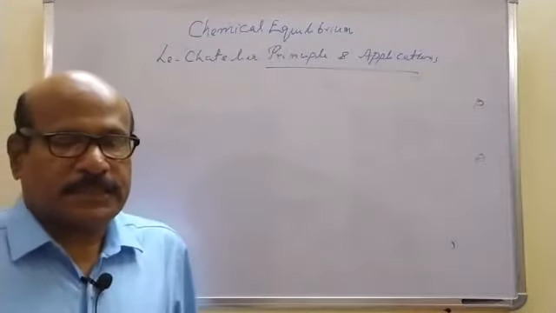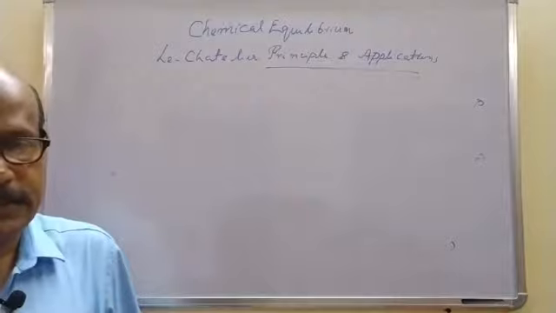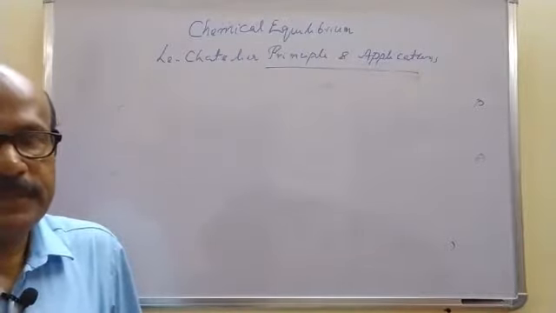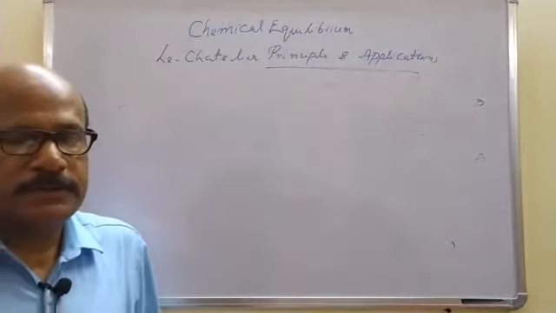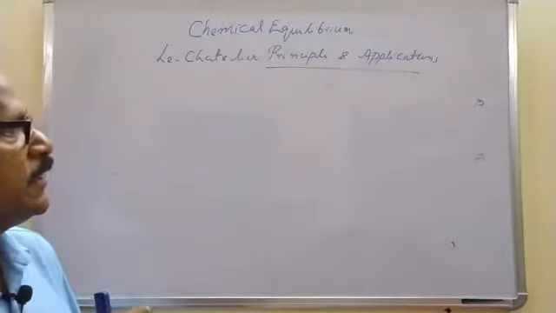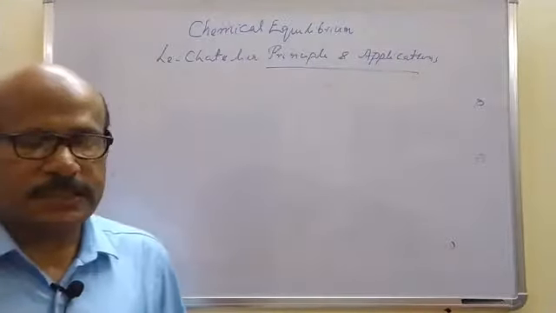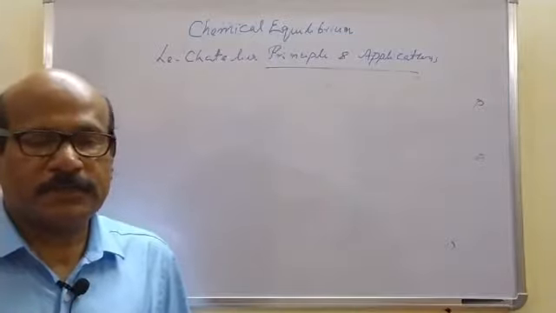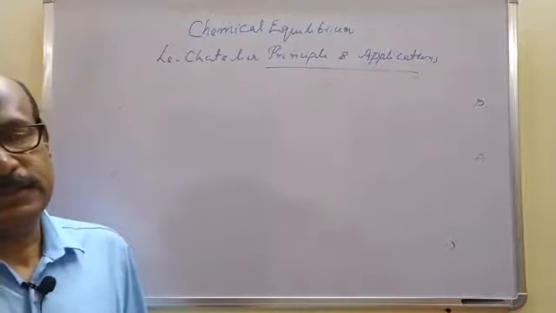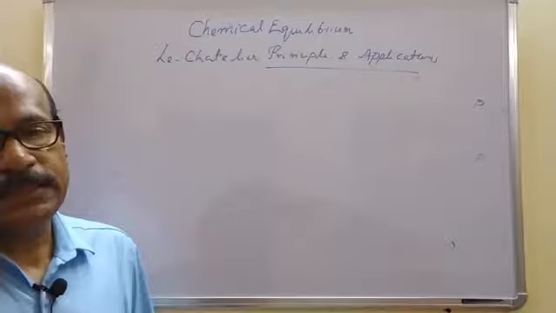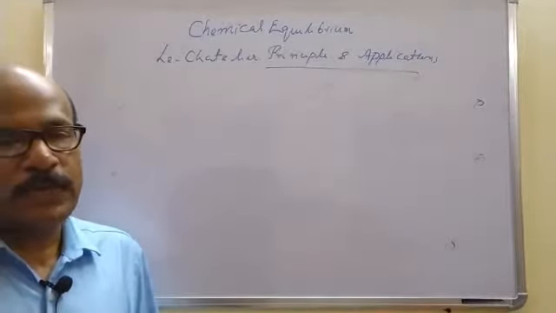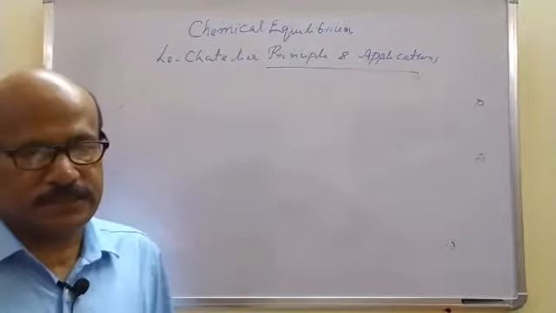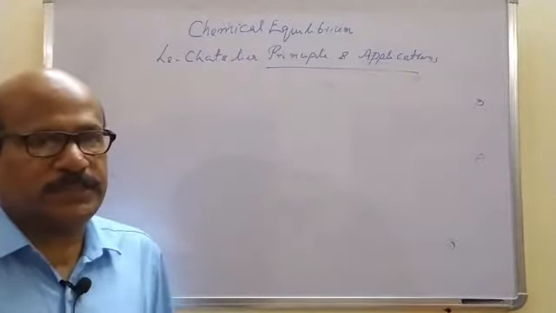It states that if a system in equilibrium is disturbed by changing any of the factors such as temperature, pressure and concentration, then the system will readjust the equilibrium in such a manner as to undo or annul the effect of the change.